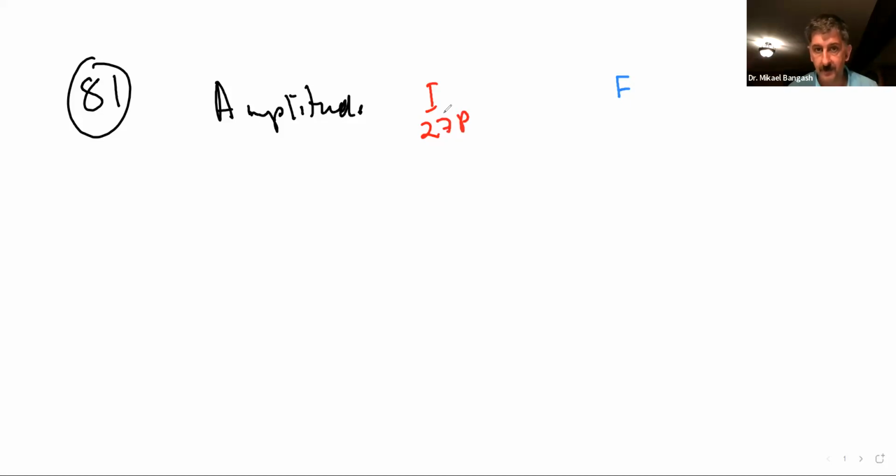The final amplitude is 9 pascals. Clear? They just gave us the same power, and says the initial power is going to be 27 watts. And they ask us what is the final power?